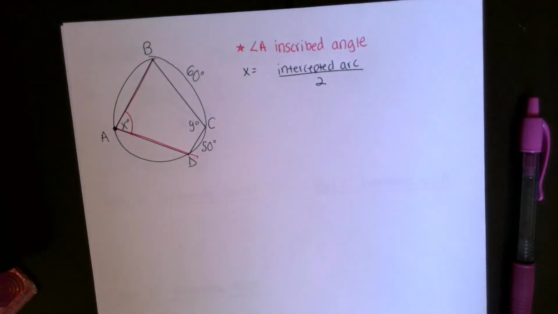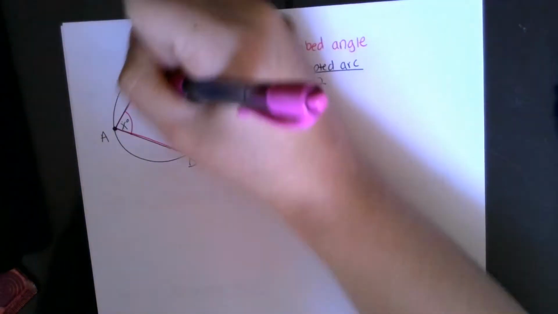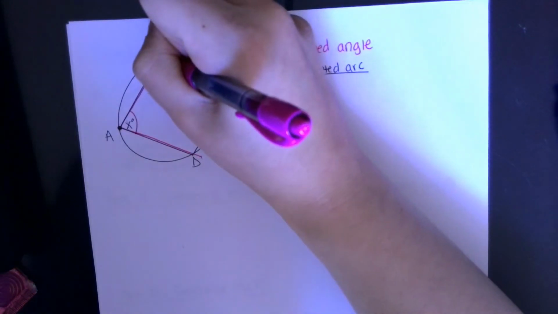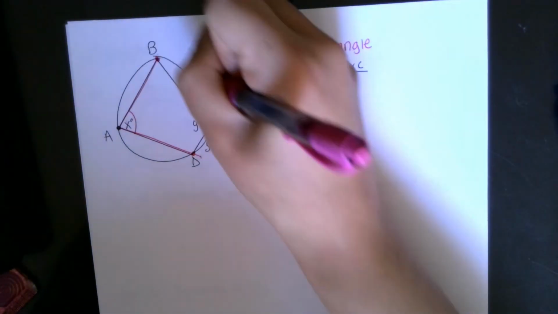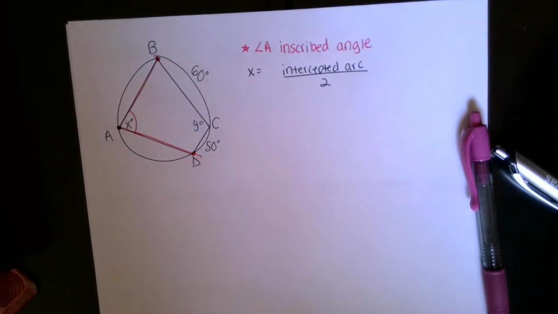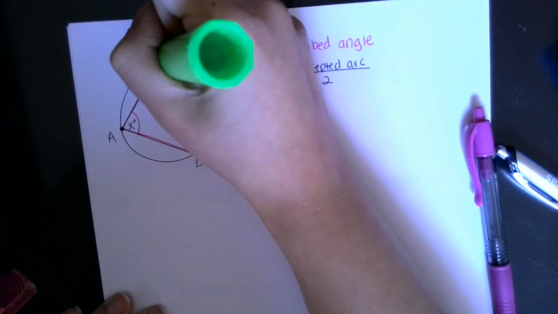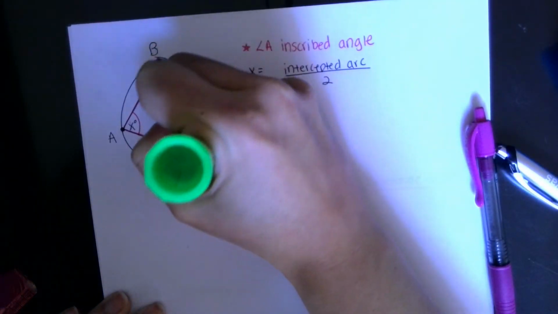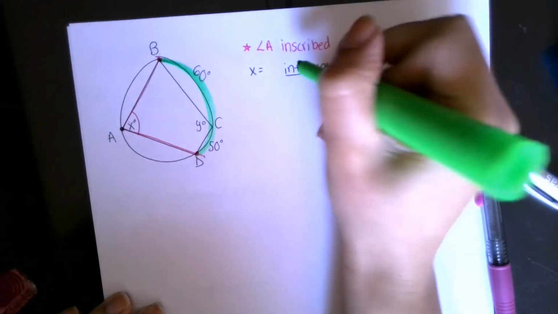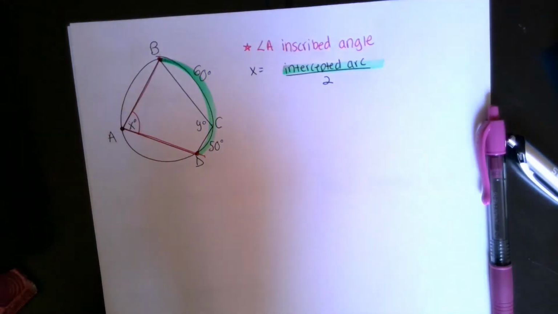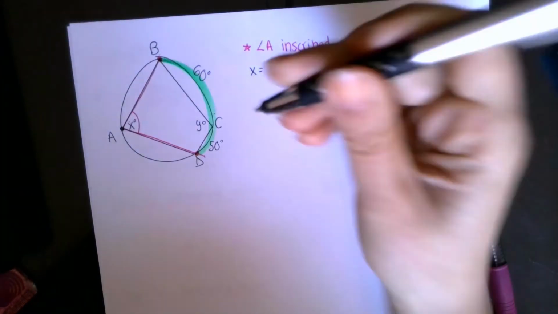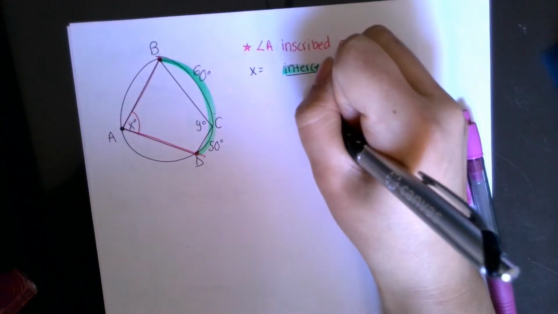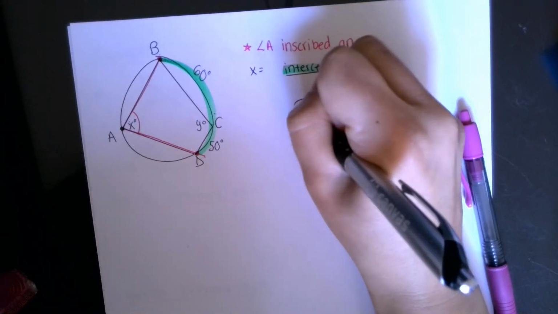So what is my intercepted arc? This is my angle, and this is the endpoint of the angle. So this whole thing is going to be the intercepted arc, my arc BCD.